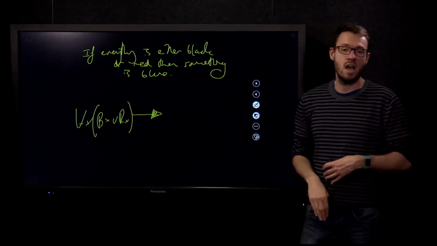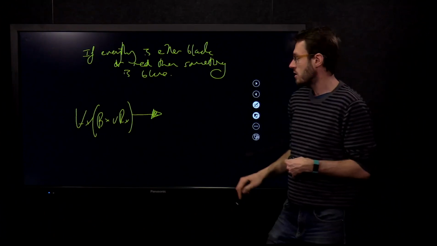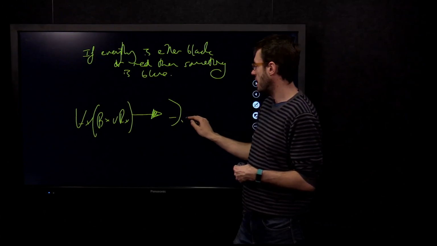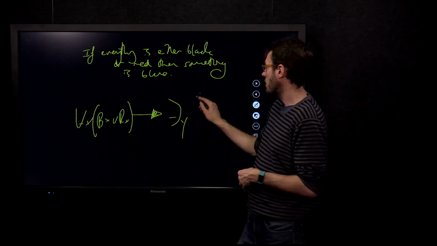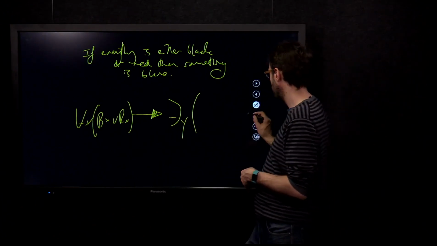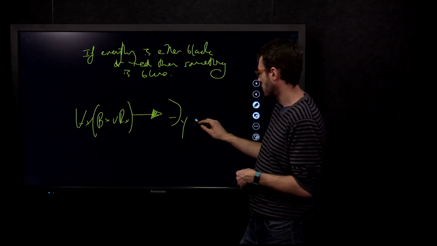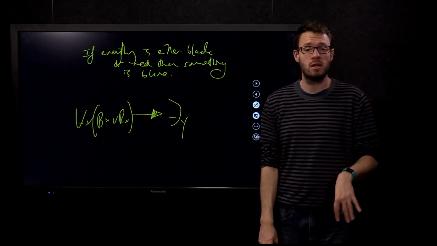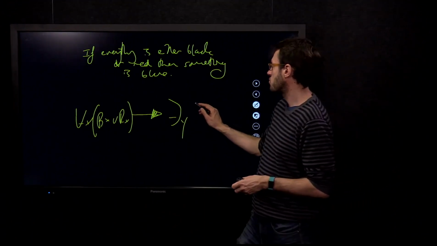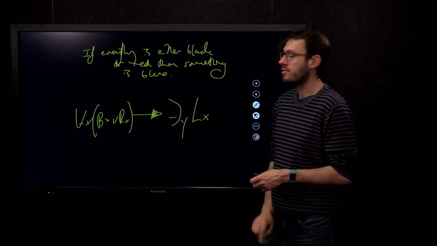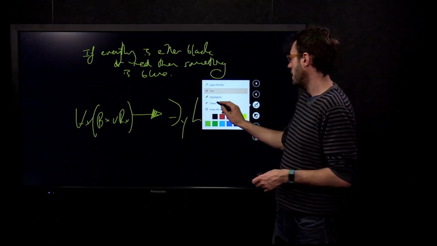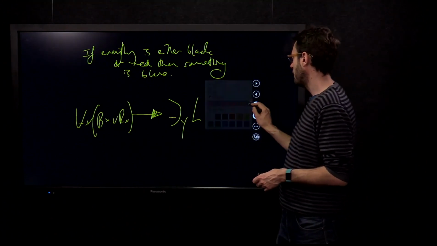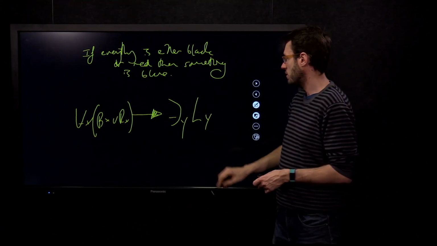On the right-hand side, we've got something is blue. So we're going to introduce an existential quantifier, and we're going to say that there exists something that's blue. Now for this, because all we're doing is specifying one condition on that thing, we can just drop that straight in front of the existential quantifier in order to complete the sentence.